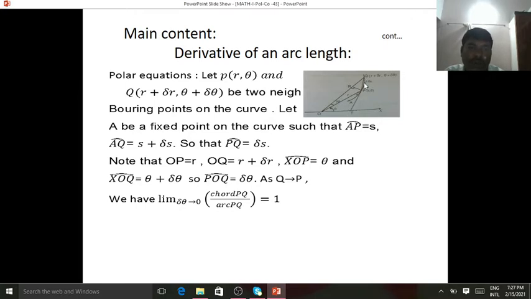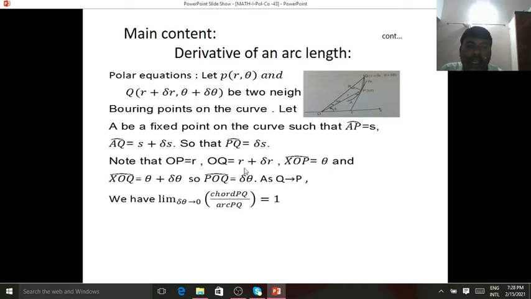so that arc PQ is equal to delta S. Then note that OP is equal to r, so this length is r, and OQ is equal to r plus delta r. The angle XOP is theta, and the angle XOQ is theta plus delta theta.